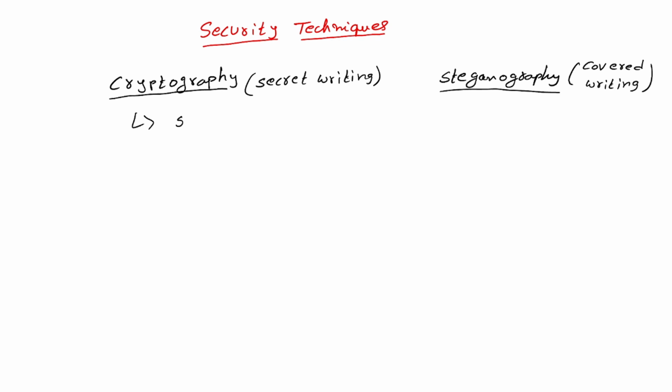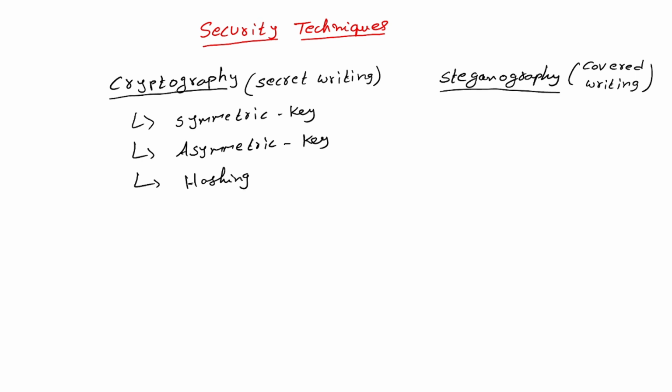One is symmetric key cryptography, second one is asymmetric key cryptography, and third one is hashing algorithm. And steganography means covered writing.